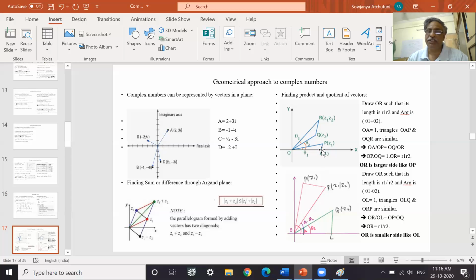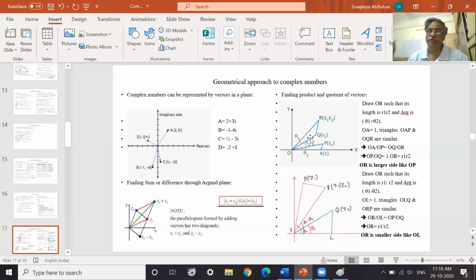So how is this constructed? On the x-axis you put a unit, 1 centimeter. You connect these two. Now we have a triangle OAP. So my R is more than this. This OA I am making equal to OQ. Then automatically this portion AP is parallel to this and OP is parallel with respect to this.